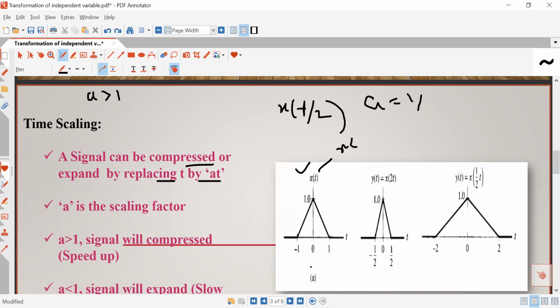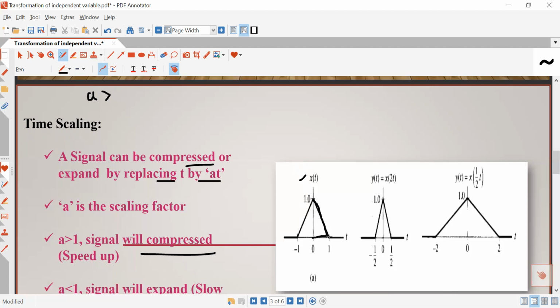But you must note here, when the signal compresses, the response becomes faster. The response will speed up, because in the original signal 1 second is required to go from the maximum value to 0.